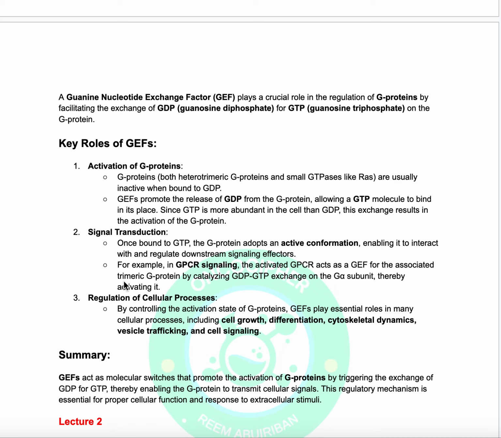Then the guanine exchange factor just says to the GDP, please go away, and let the GTP in your place. And once the GTP is in its place, that leads to the activation of the G protein. Since the GTP is more abundant in the cells than the GDP, and that's a good thing, this exchange results in activation of the G protein.